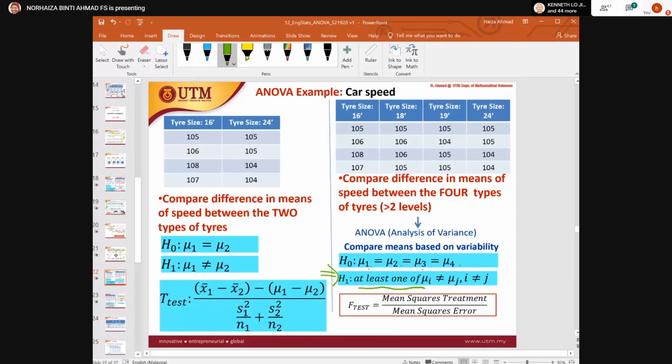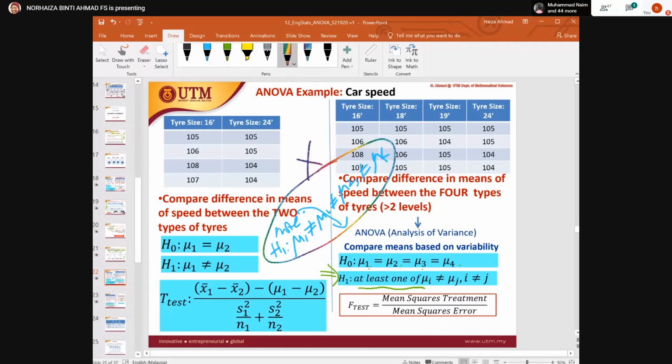Oftentimes students will write mu1 not equals to mu2 not equals to mu3 not equals to mu4. This is wrong. It's always at least one of them is not the same, then it falls in the alternative H1.